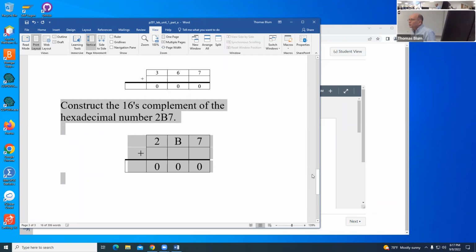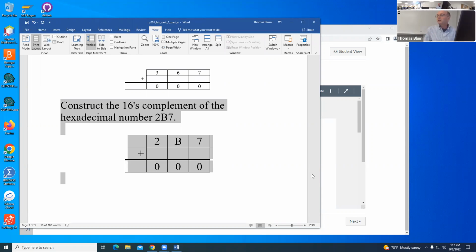Okay, so we have this idea that we went over in more detail about the 2's complement. We had a process for that: exchange 1s and 0s and add a 1 to the 1's place. But the whole idea was to construct 2 numbers that, if I had some base, in that case binary, base 2, and a finite number of digits, when I added the 2 numbers, I would end up with zeros.